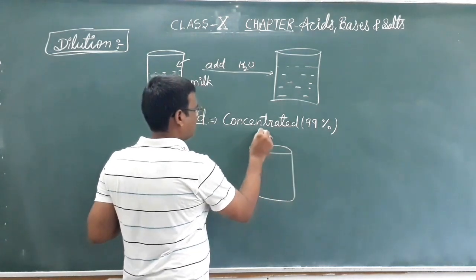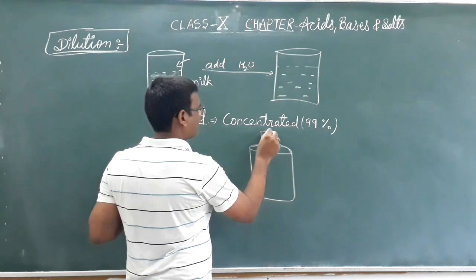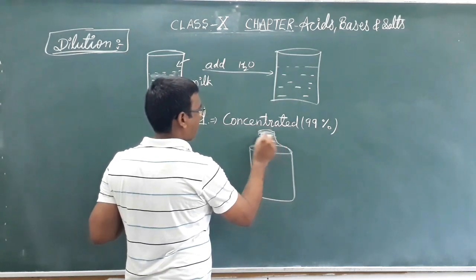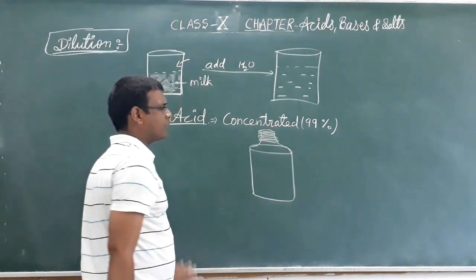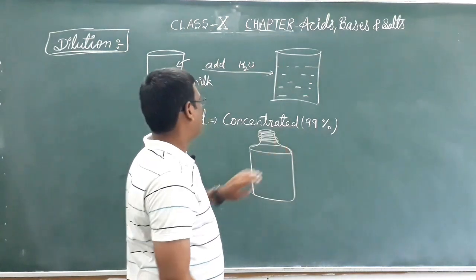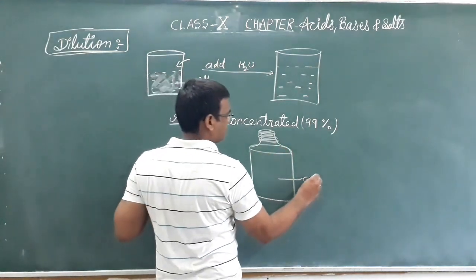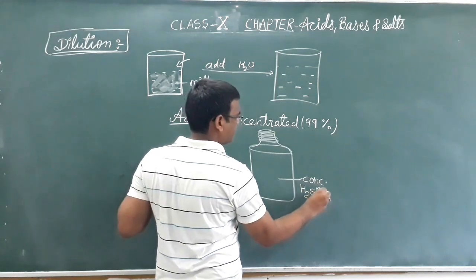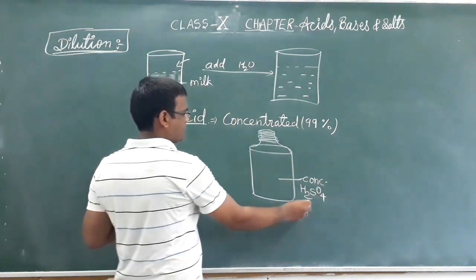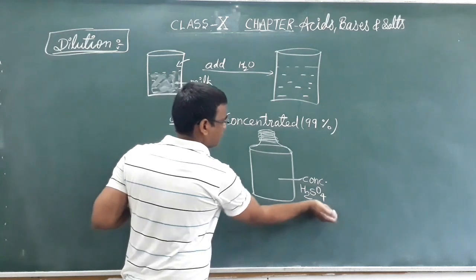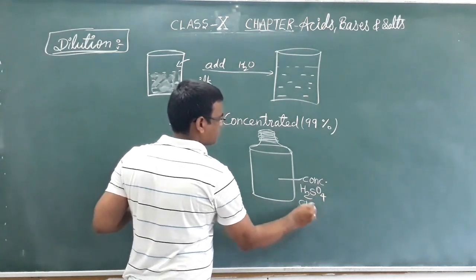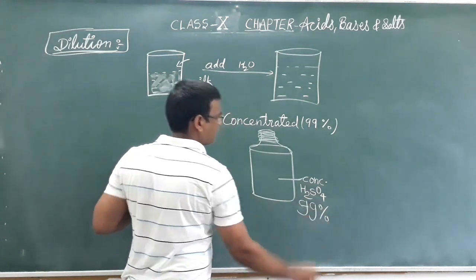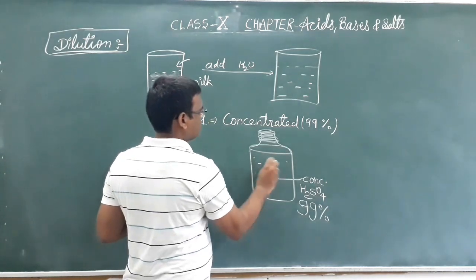Suppose this is the bottle in which concentrated acid is present. Concentrated acid, for example sulfuric acid, is present, and that is also 99% pure.